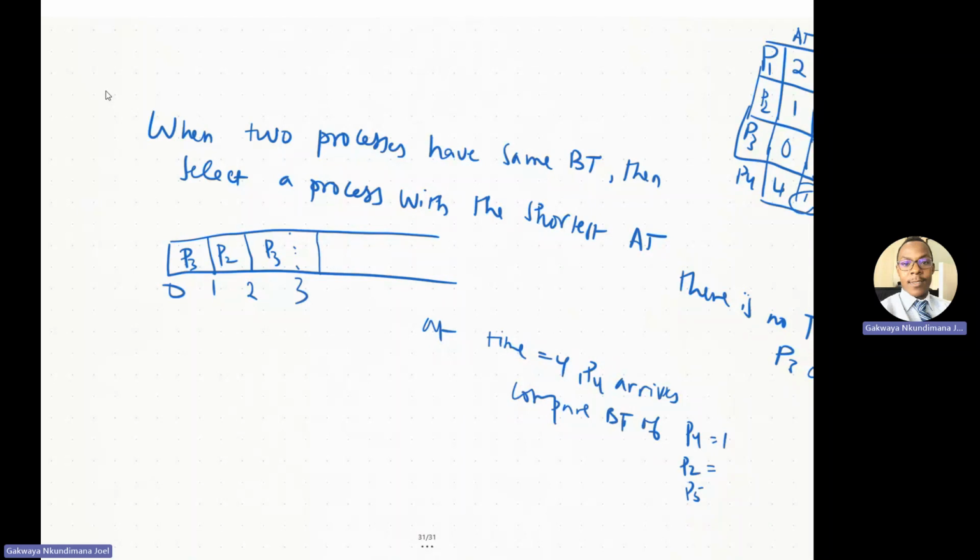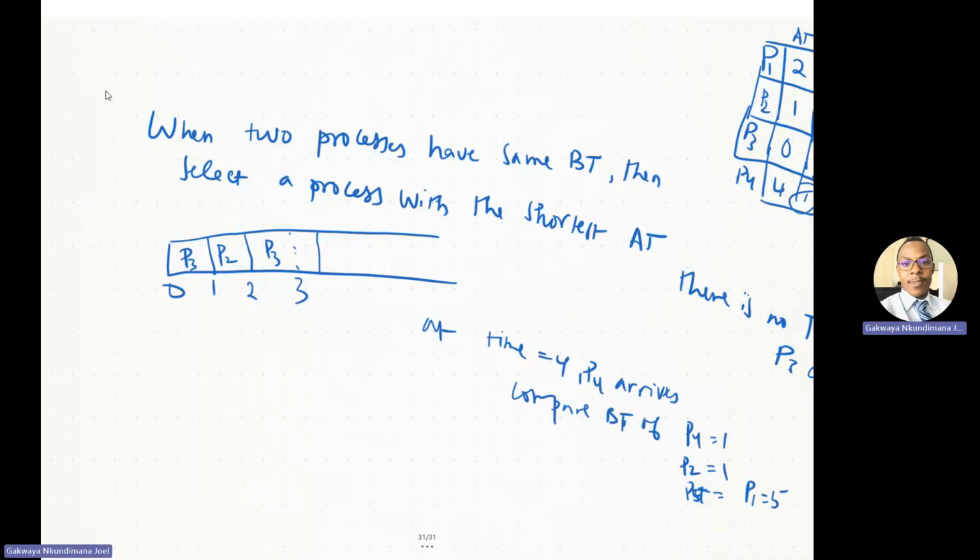So the burst time for this one was 1. For P2 it was 1, and for P1, how many? P1 has not started, it's 5, right?